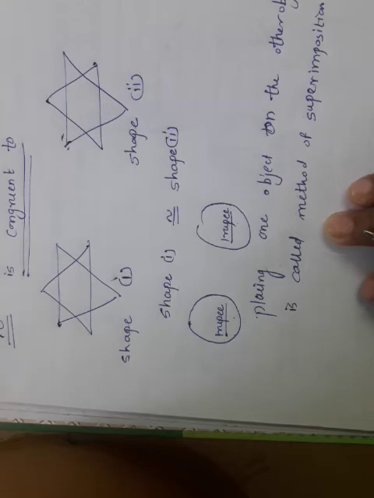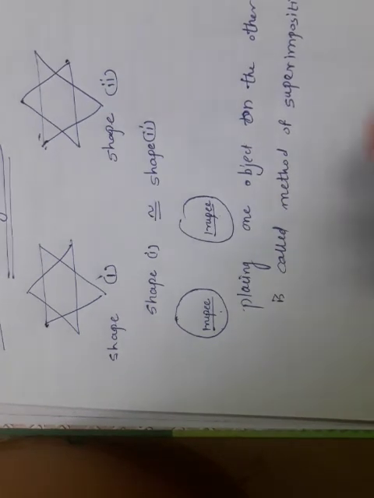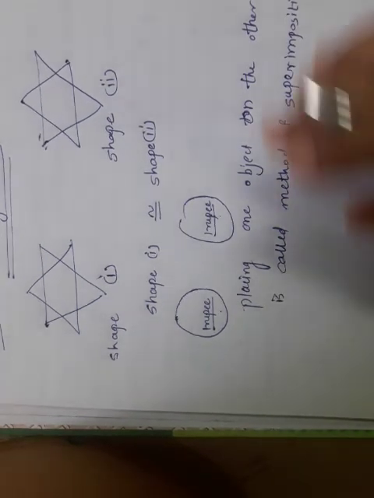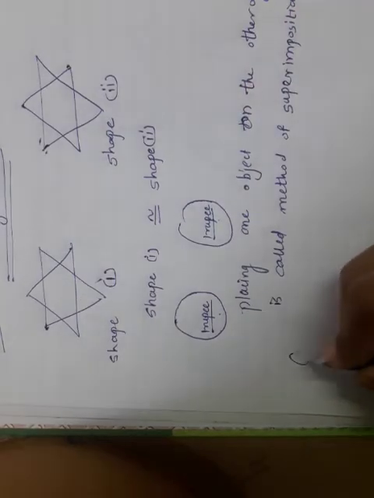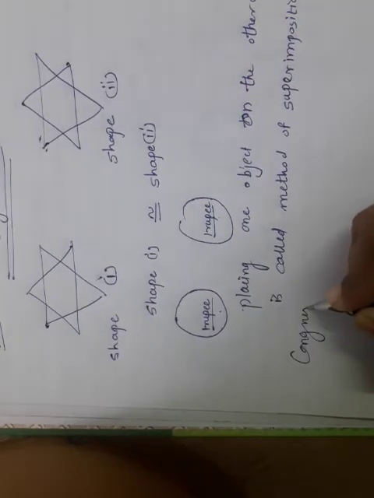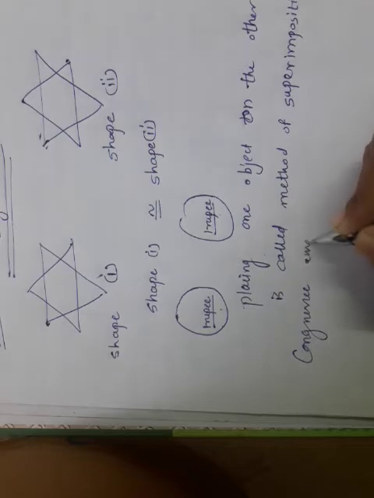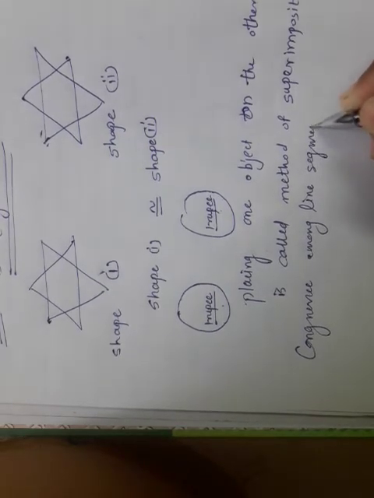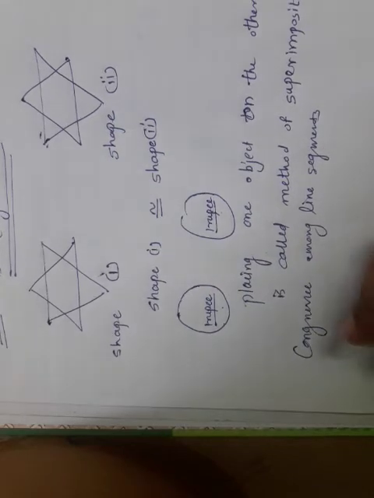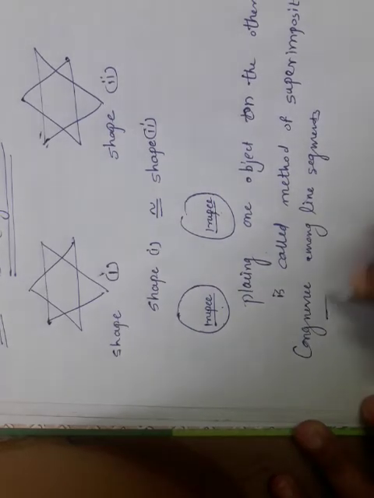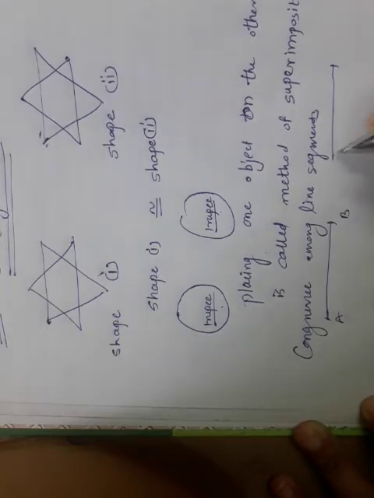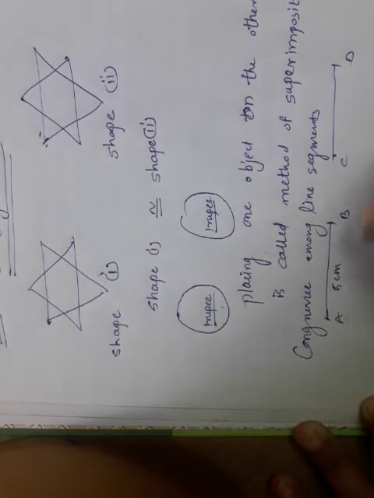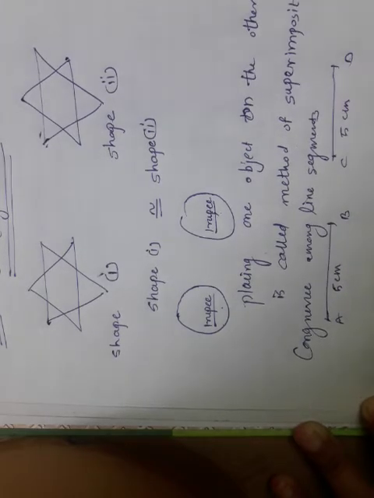Now we will see congruence among line segments. I will draw two line segments, this is AB and CD. This is 5 centimeters and this is also 5 centimeters.